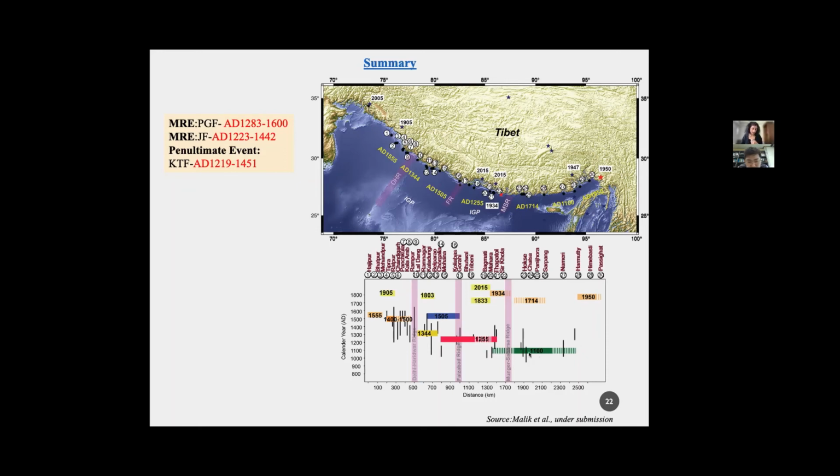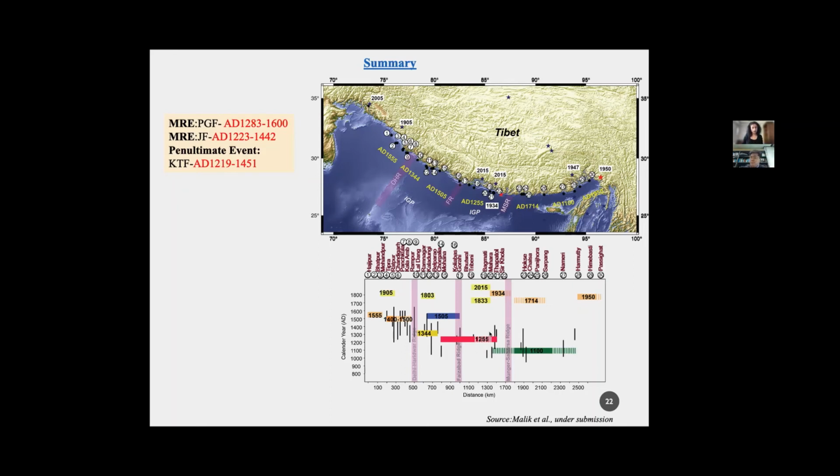You can see that there was a 1100 AD earthquake, and then there was a 1250-1500 AD earthquake, and then after that there was a sequence of 1505 or 1555 earthquakes which ruptured the Western Himalaya.